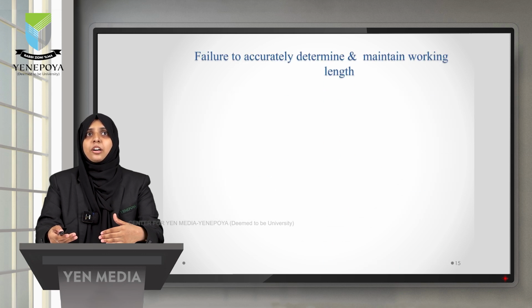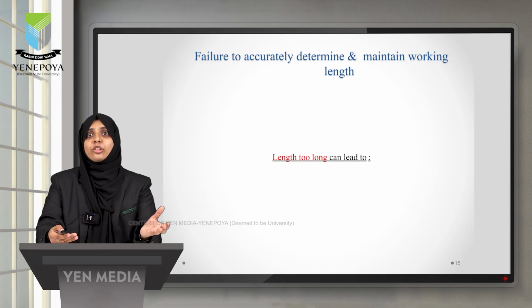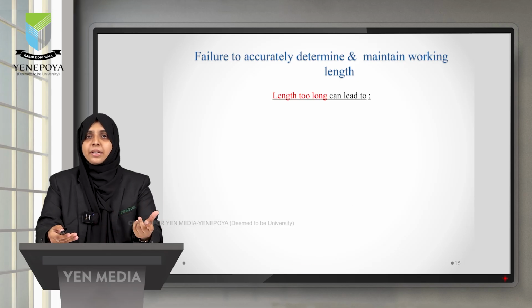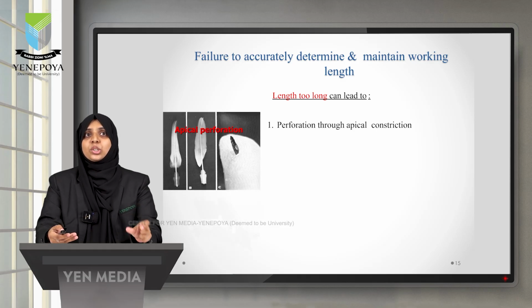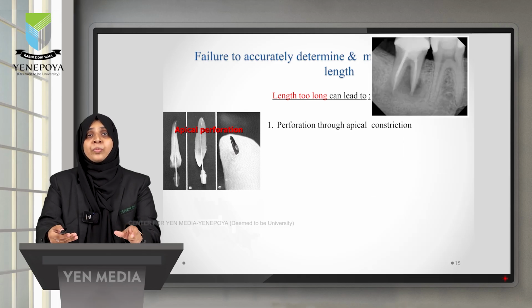Now coming to the failure to accurately determine the working length, what can happen if the length of the canal we have determined is too long than the estimated working length? There could be a perforation of the canal. So there could be apical perforation which can be seen if the length is too long, and such cases may also lead to over obturation of the canal.